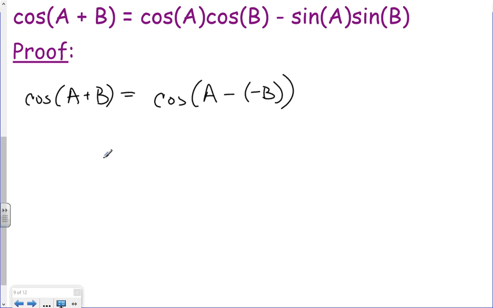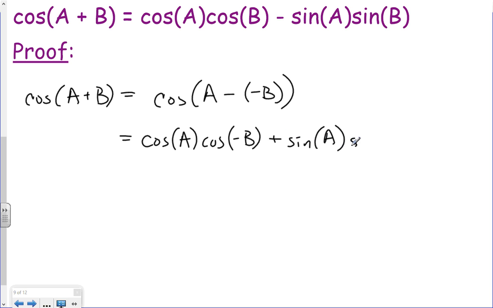So I've got the cosine of the first angle, which is a, times the cosine of the second angle, which is the opposite of b. And then we add the sine of the first angle, which is a, times the sine of the second angle, which is the opposite of b, which gets us pretty close to the property we're trying to prove up above there.